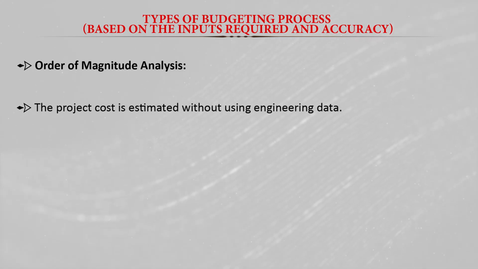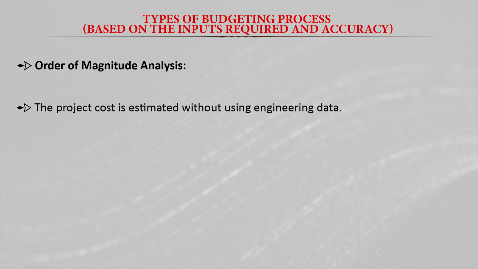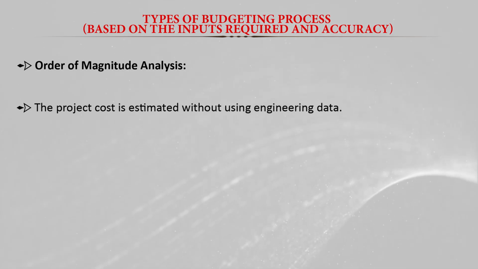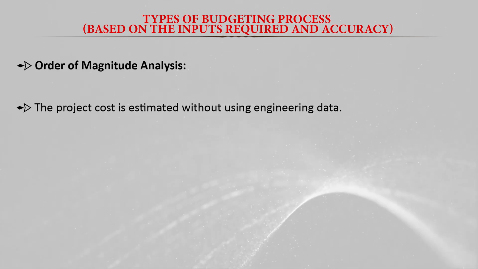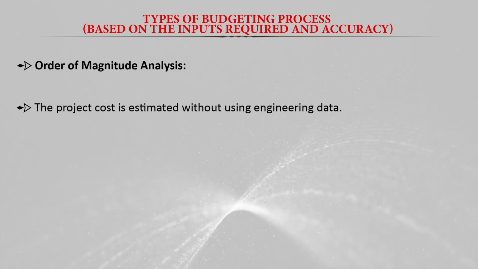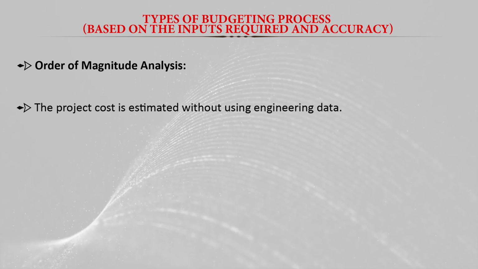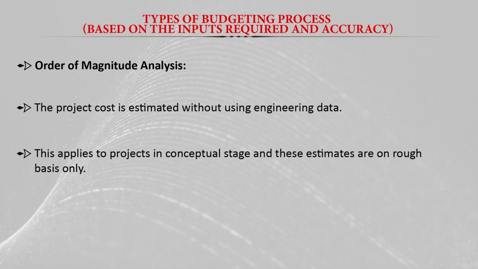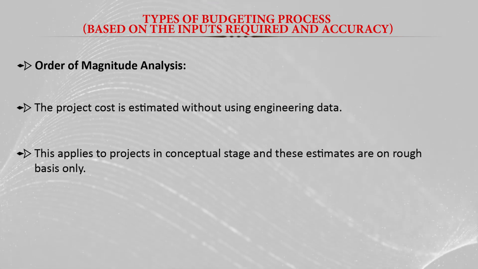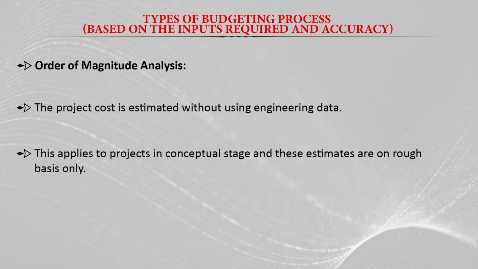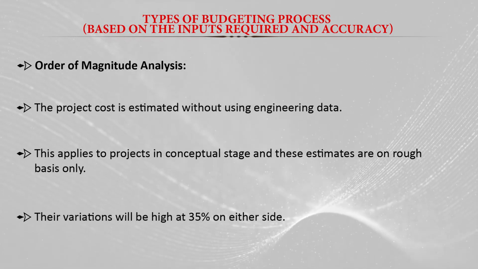In the initial stage we don't have much information about the project activity, what we will be doing, what type of resources we require, what human resources we require. So in the conceptual stage we make this type of estimate, and there is a large variation.